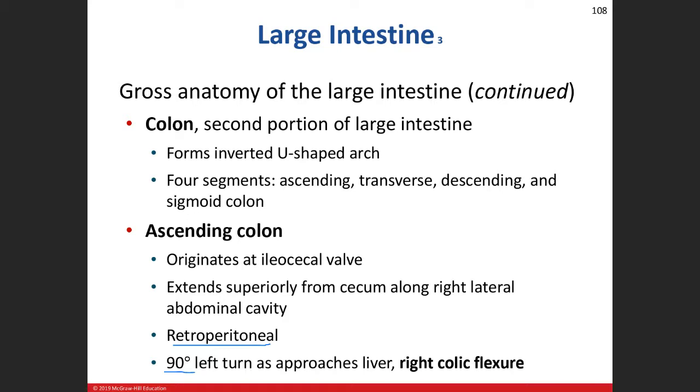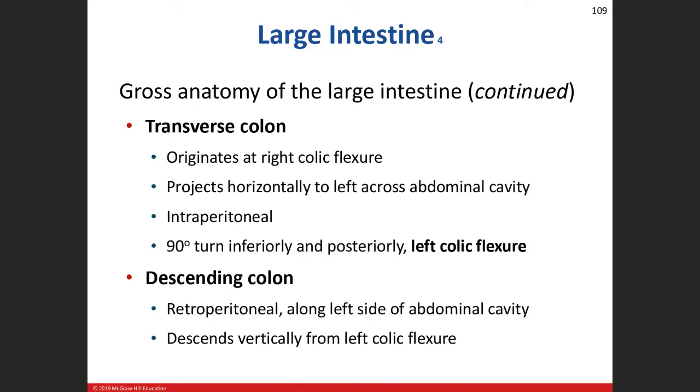At that point, we are now in the transverse colon. That is intraperitoneal, and it crosses over the abdominal area from right to left until it gets to the side where the spleen is located.